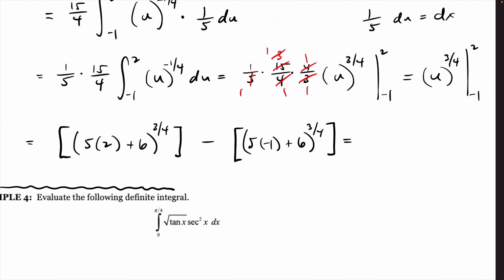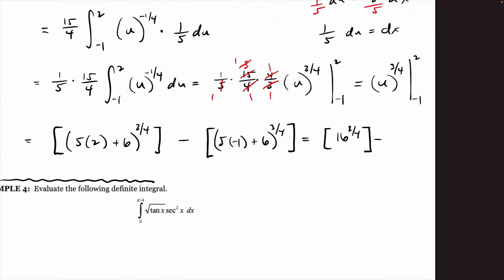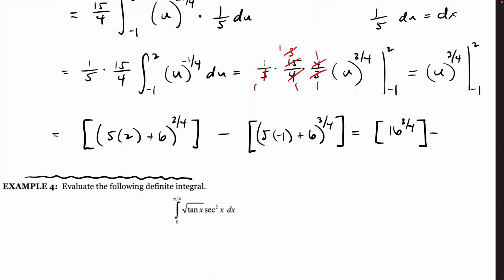What is 16 to the 3/4 power? It's easier than you think. The other one is 5 times -1, which is -5, plus 6 is 1 to the 3/4 power.